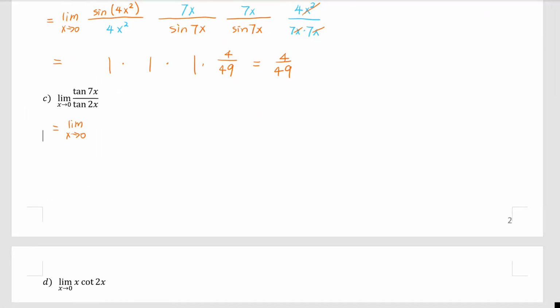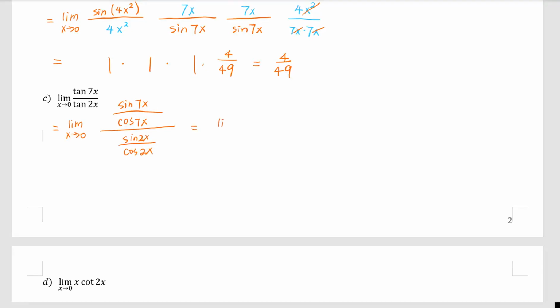We want to change it in terms of sine and cosine. So, what is tangent? Well, that is sine over cosine. Sorry, I should put the x after the 7. And tangent is sine 2x over cosine 2x.